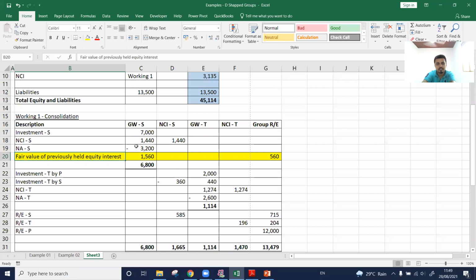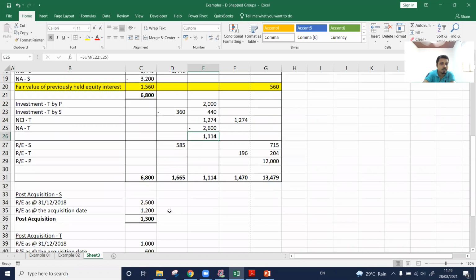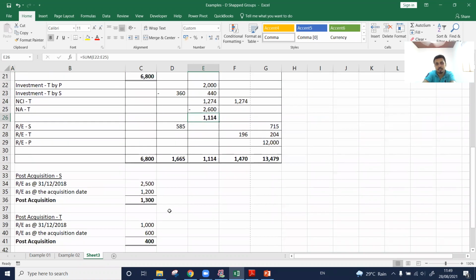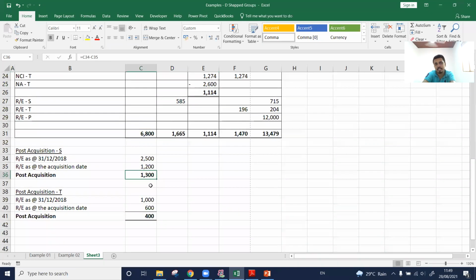Right? So we have determined the goodwill generated through the acquisition of S and T separately, and then we need to allocate the post-acquisition amounts among the parent company shareholders and other shareholders. If we have two subsidiaries, separately.